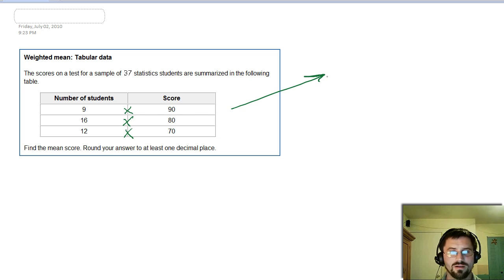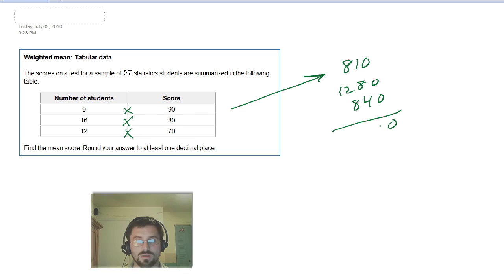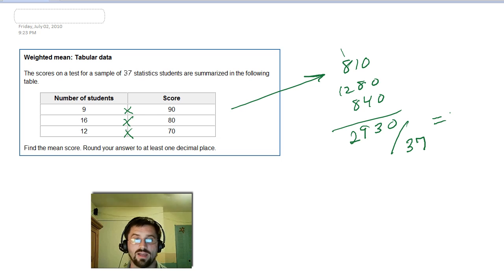So what we have here is 810 plus 1280 plus 840, which is 2930. Then we would take that sum and divide it by 37 students in the class, and that would give us our average for the class.